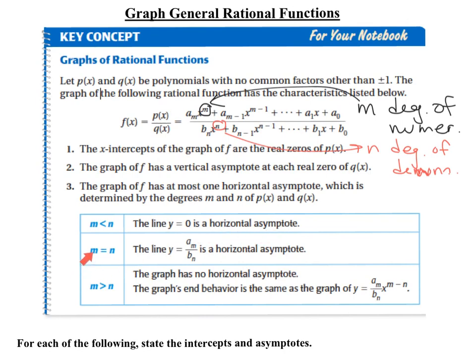If the degree of the denominator and the numerator are equal to each other, then you simply divide out your coefficients, which is what we did in the lesson from yesterday. And then we have m is greater than n. If the degree of the numerator is bigger than the degree of the denominator, then you have no horizontal asymptote. It does not exist.